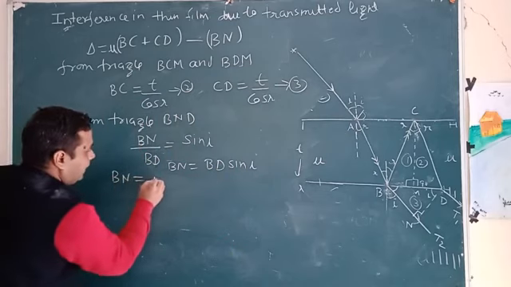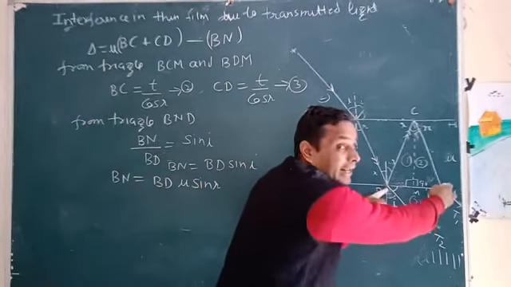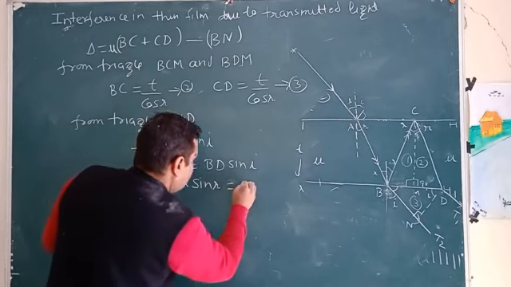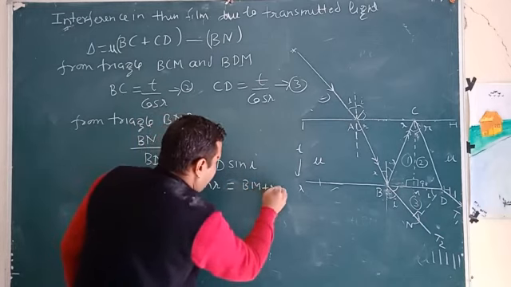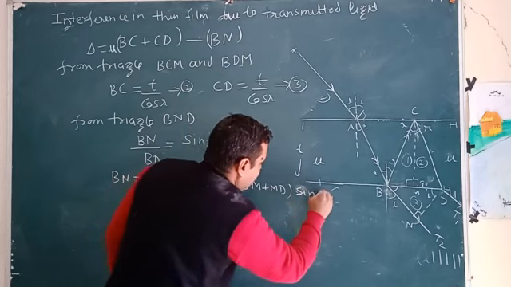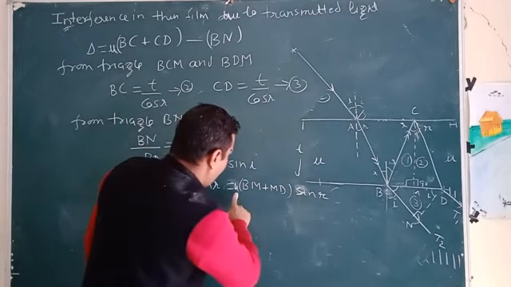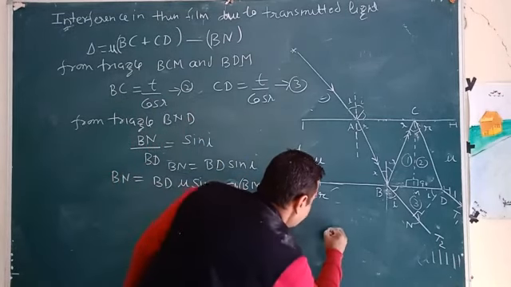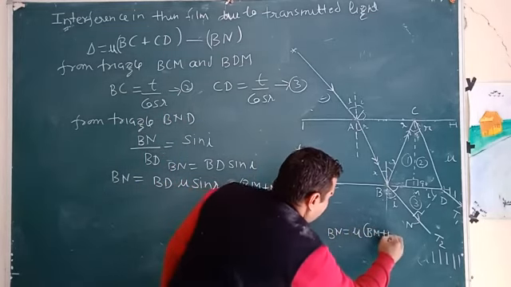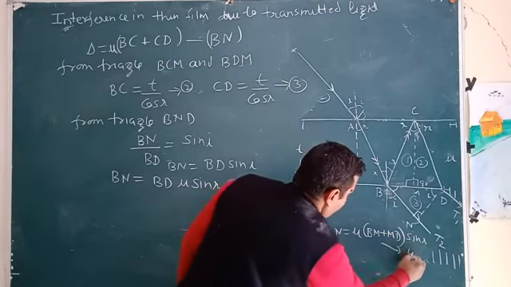By Snell's law, sin i is converted to mu sin r. And BD is equal to BM plus MD. So BN is mu (BM plus MD) sin r. So we have written BN is equal to mu (BM plus MD) sin r, that is equation number 4.